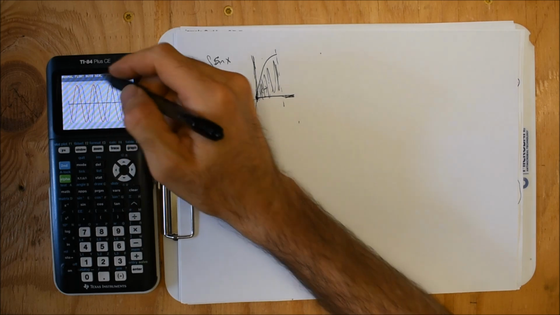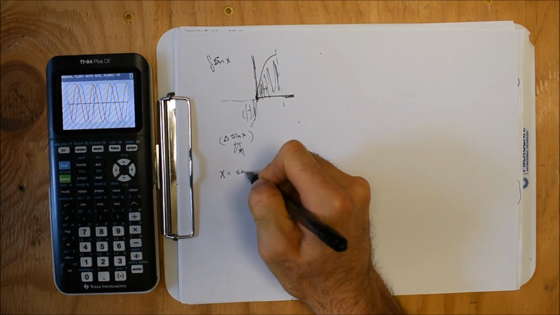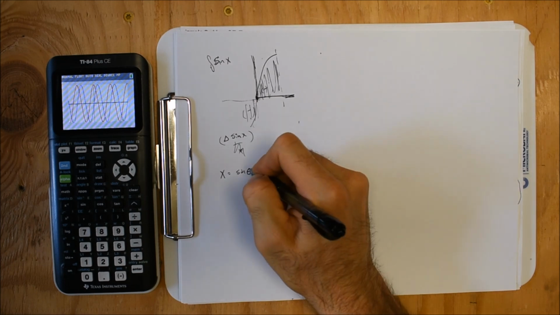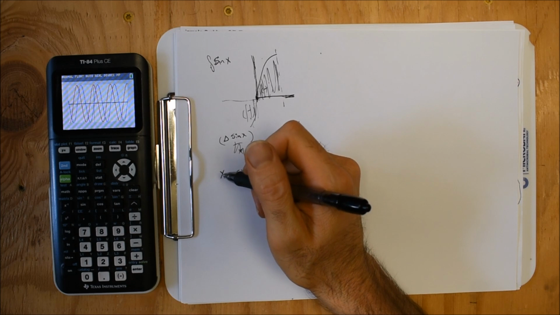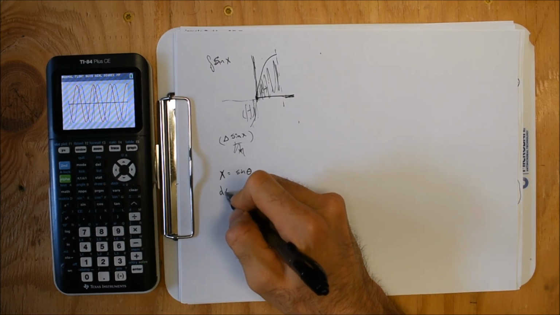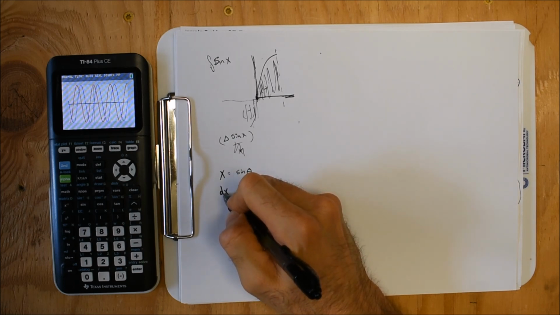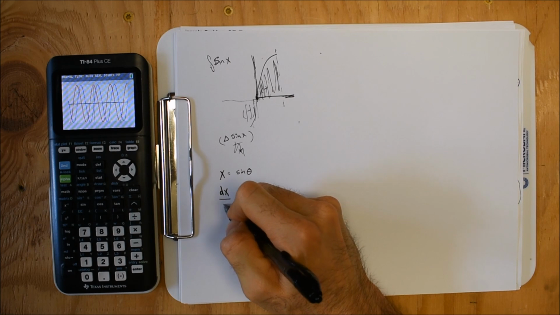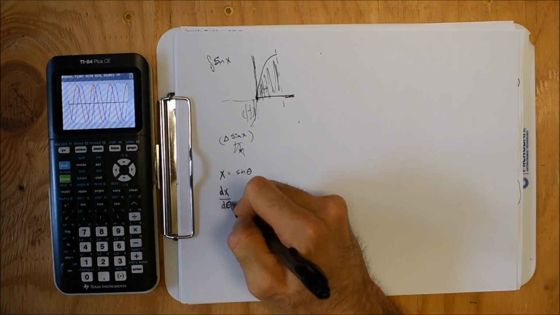Okay, so if this is your position, your position function is sine of degrees. Then dx, your change in position, as a function of d theta, with respect to theta.